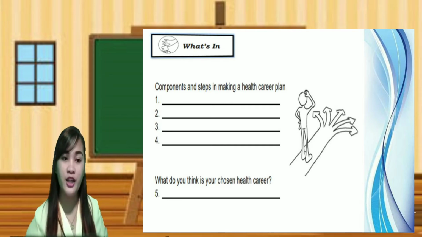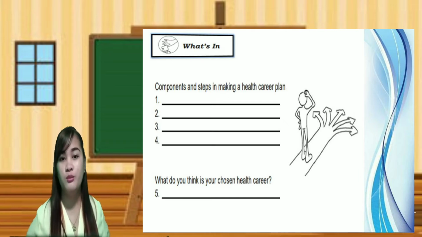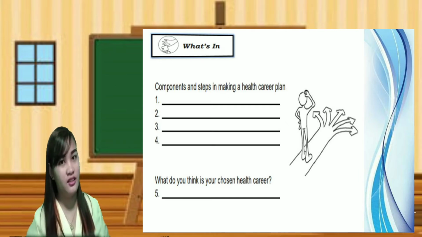And number 5, what do you think is your chosen health career? So after watching the video, did you figure out what should be your chosen health career now? So what do you think? Just write your answer and later on we will check.